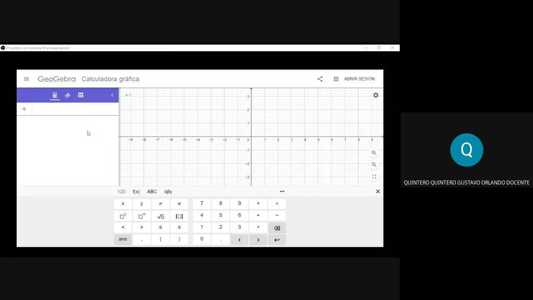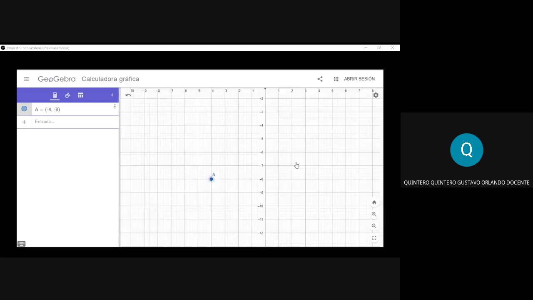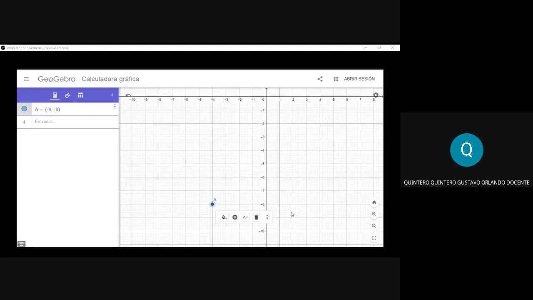If I want to pass through the point -4, -8, let me just write that point, -4, -8. This will be exactly this point over here in the Cartesian plane. Now, a horizontal line passing through this point will have a lot of other coordinates, right?